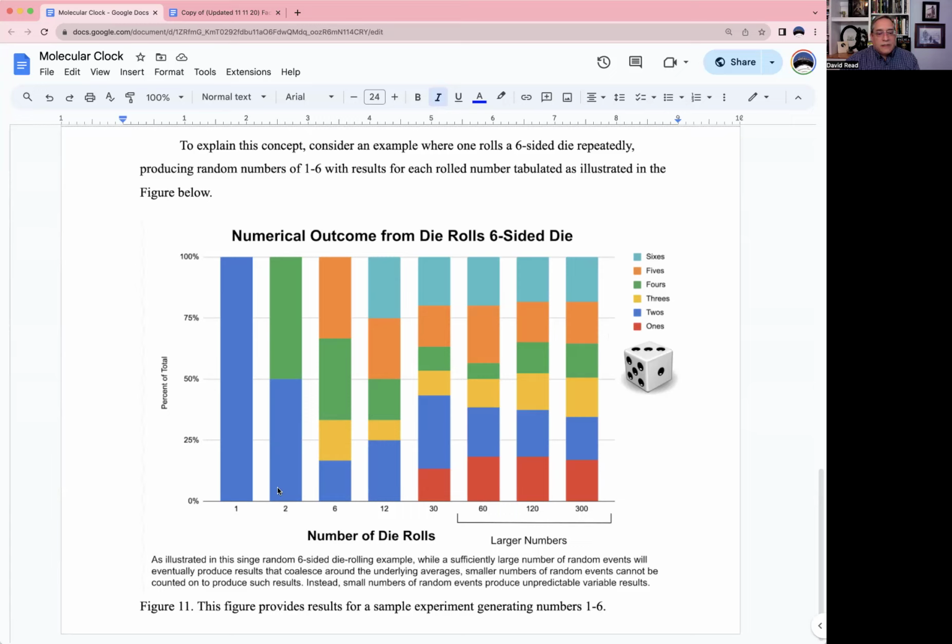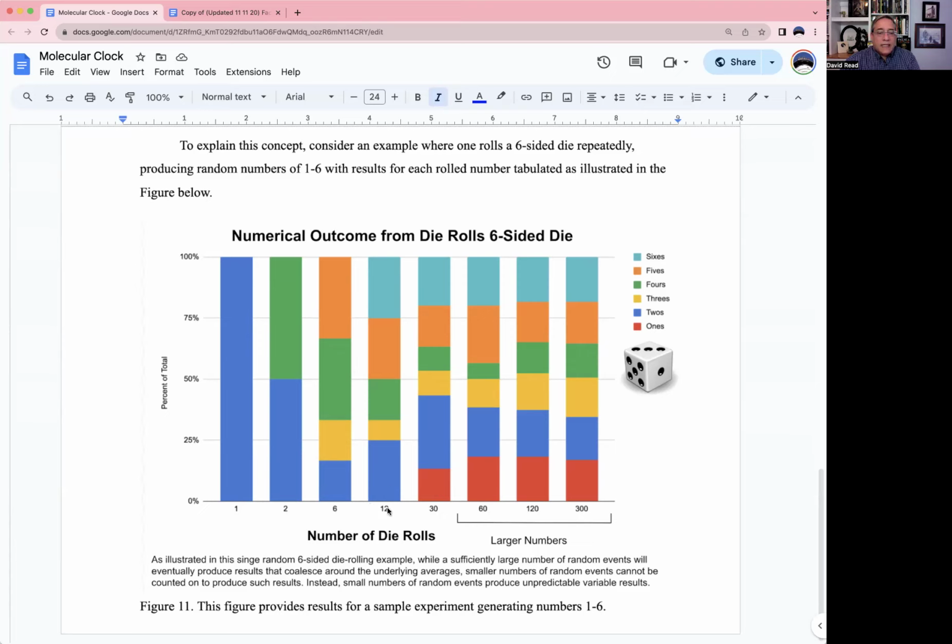This was just a first example that I did to create an example for the book. What you can see is that in the first 12 rolls, I still had not rolled number 1.